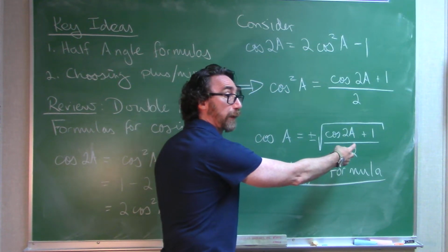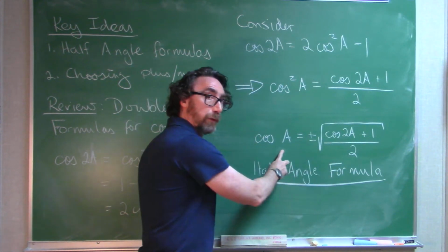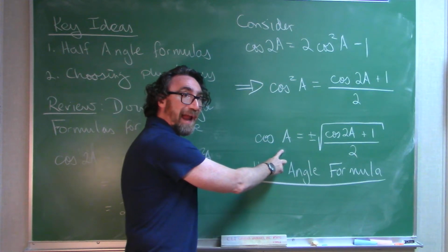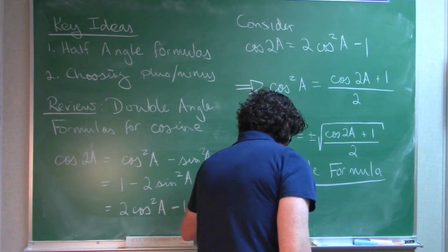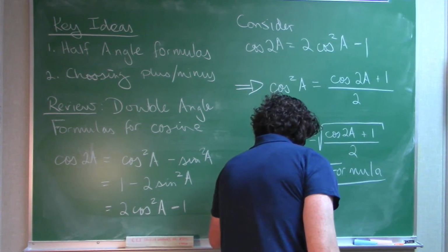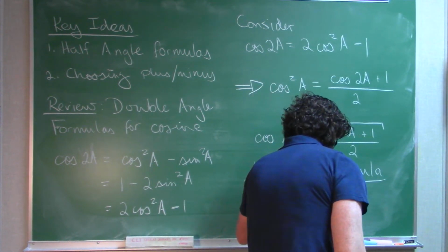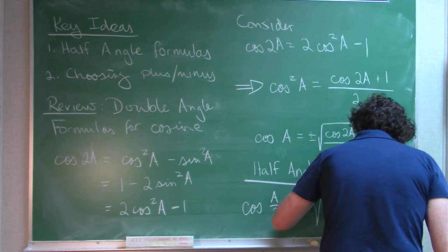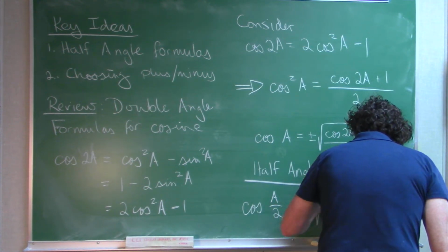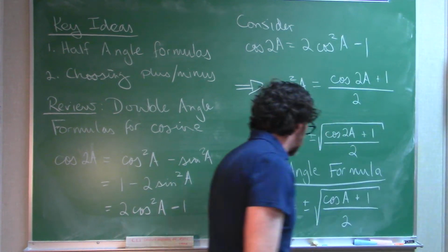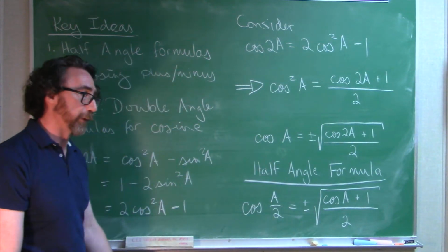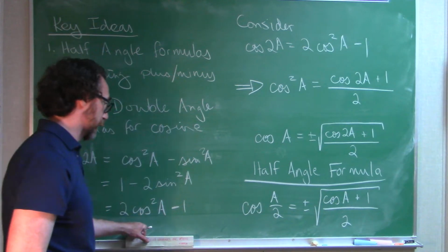Or, thinking in reverse, whatever this one is, over here we've got half of it. So, our half angle formula for cosine.